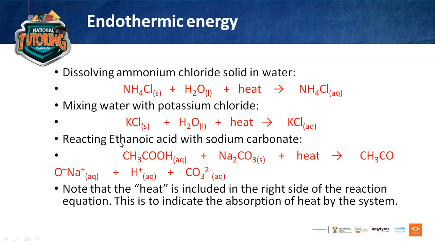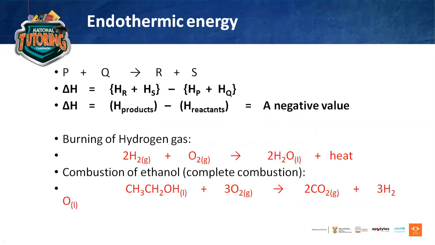We also have reacting ethanoic acid with sodium carbonate, which is a much longer one, but as you can see, we also have the heat added on the reactant side. So note that the heat is included on the left side of the reaction equation. This is to indicate the absorption of heat by the system.